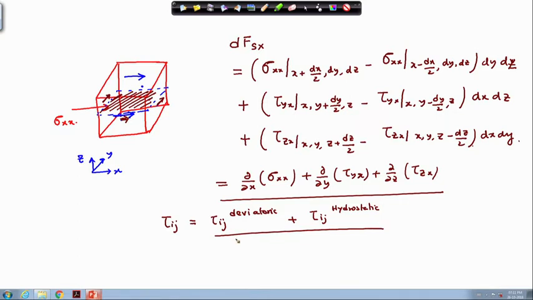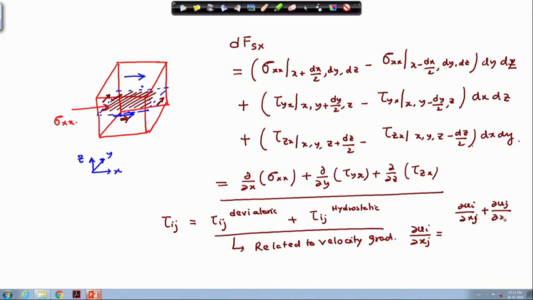So, this deviatoric stress is related to the velocity gradients, let us say a general velocity gradient like this, and this you can split up into the symmetric and the antisymmetric part.